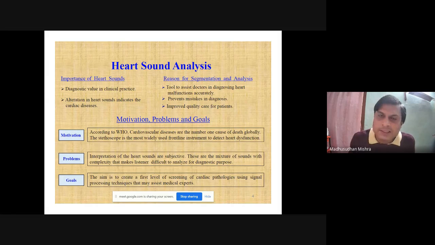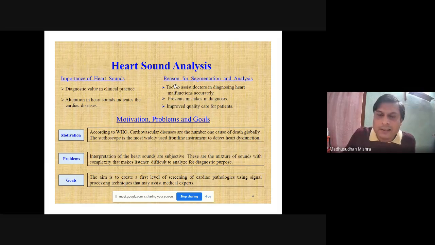Even a cardiologist can make mistakes in hearing the sounds, because heart sounds are very non-linear signals, of very low frequency and low amplitude. That's why even experts make mistakes. For one cardiologist a sound may be normal, but another may say no, it's an abnormal heart sound.